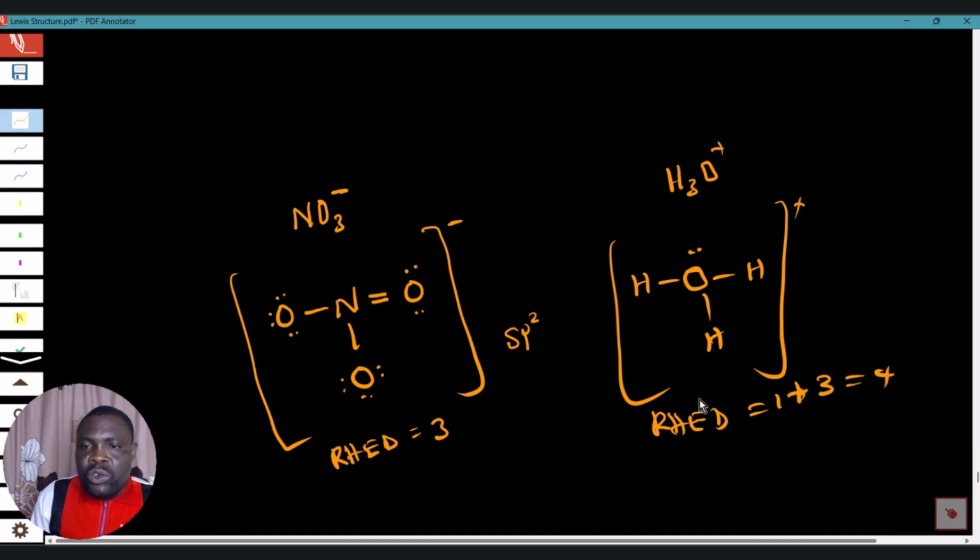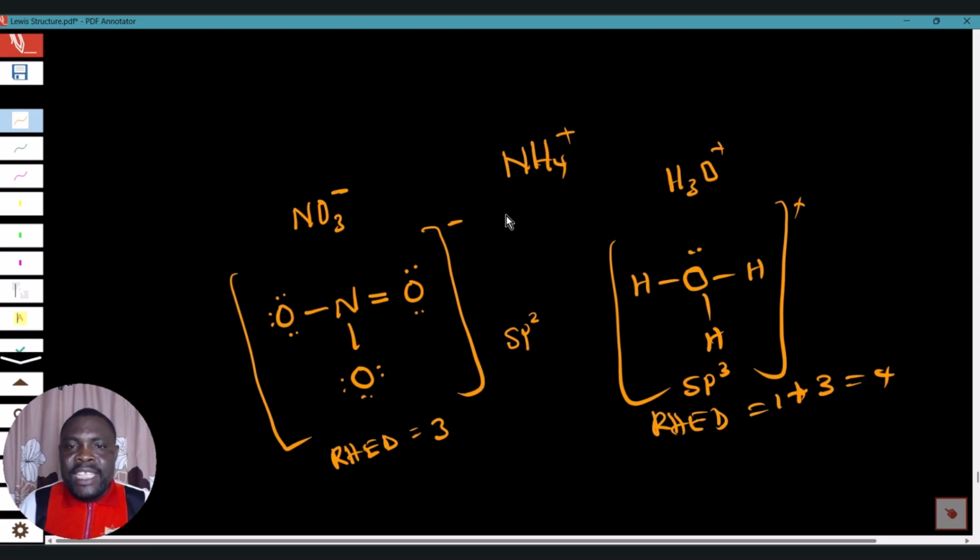So the hybridization will be what? sp3. You can also do it for ammonium ion, and you will get sp3. Now, this is the easiest way to find the hybridization of a molecule.